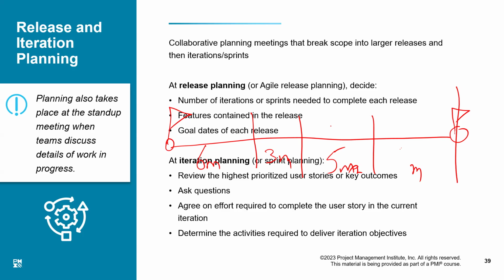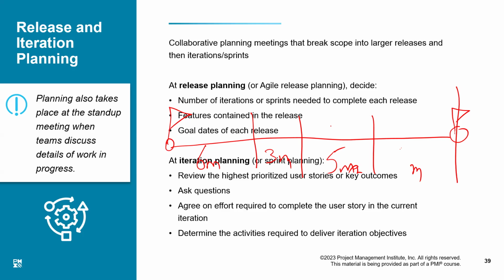Maximum a month and minimum 1 week, right? Okay, but we must try to keep the size of iteration as low as possible. But at the same time, let us see. No, we keep it as 4 weeks or 1 month.